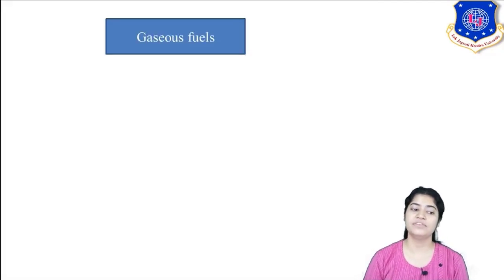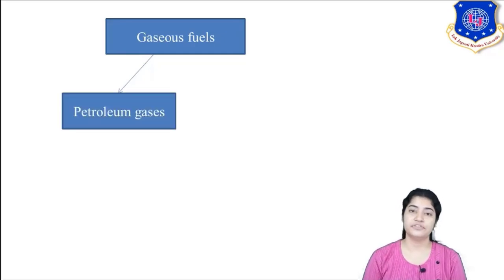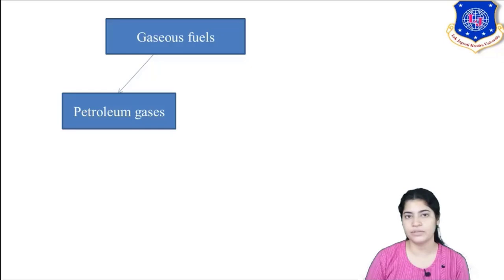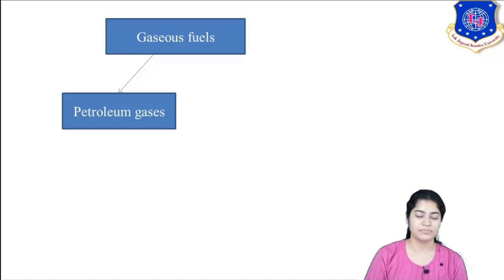Now starting with the first category. We are starting with the gaseous fuel. Your gaseous fuels are divided as follows. The first category here is petroleum gases. The gases which you get from petroleum itself, from the petroleum industry itself, are called petroleum gases.